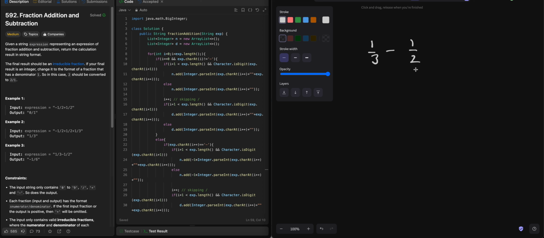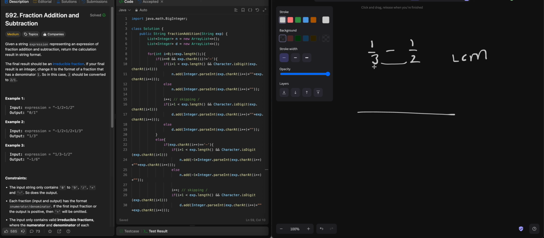So if we have to solve it, what we have to do is first of all find the LCM, or lowest common multiple, of these two denominators. If there are more fractions, then we have to find the LCM of all the denominators, but just to keep things simple, right now we are considering two fractions only.